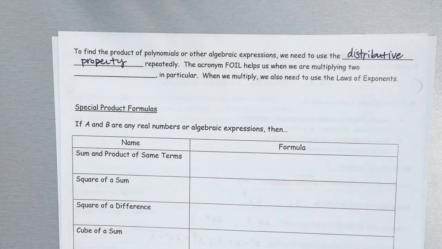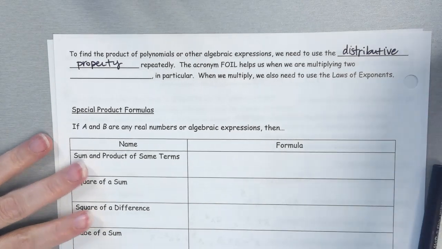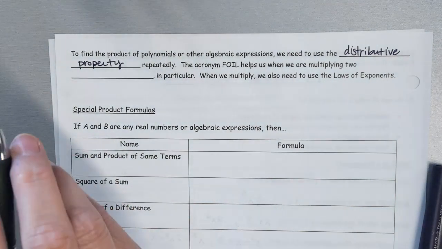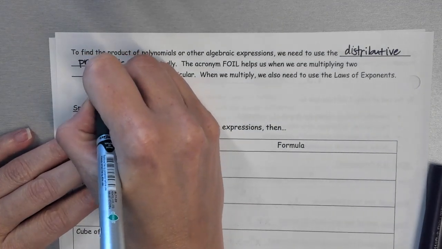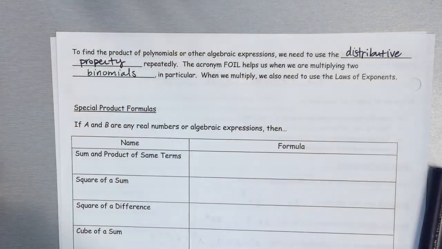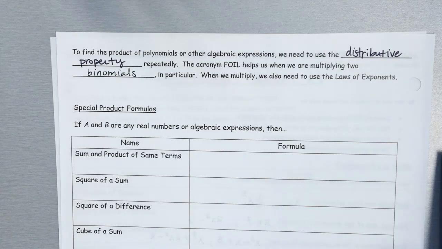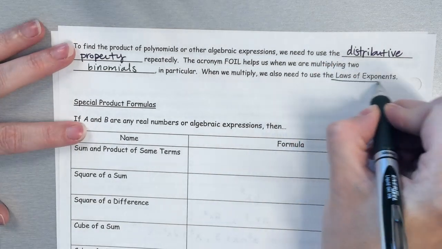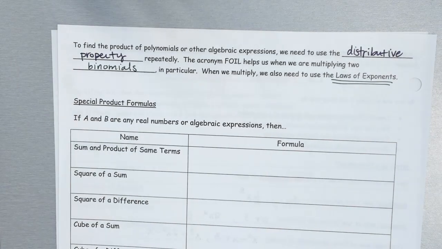So if it's a binomial and a trinomial, you're going to have to do the distributive property twice. Okay, remember that FOIL is what we use when we're multiplying two binomials together. Or if you've had me before, you know I like to use FEAL. I like to do the inside and then the outside. And when you do multiply, remember, you have to use those laws of exponents. So if you're multiplying, you're going to add the exponents together.